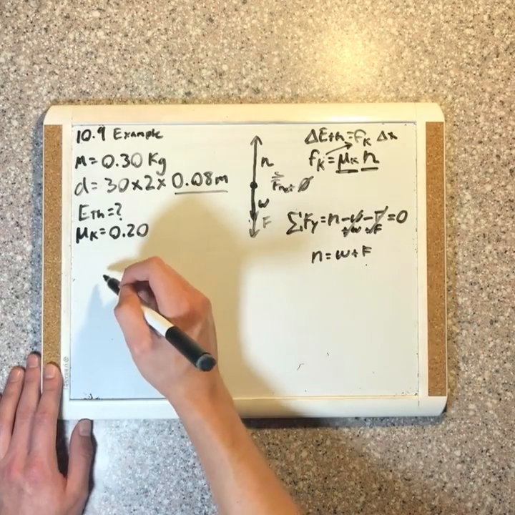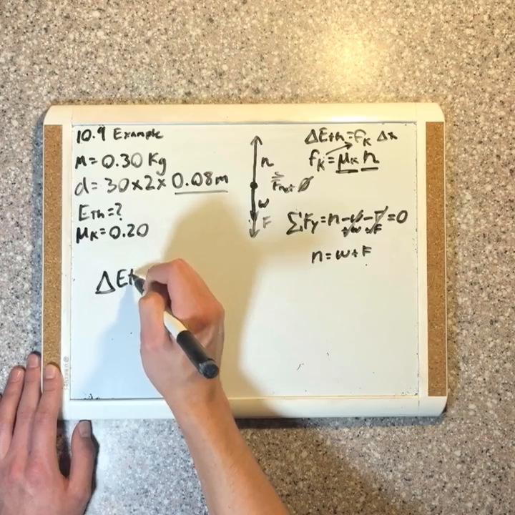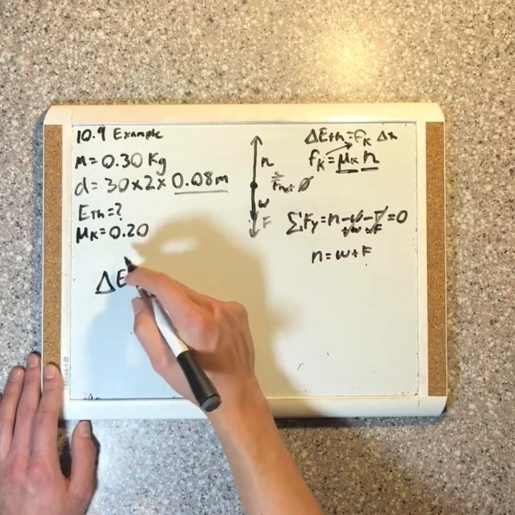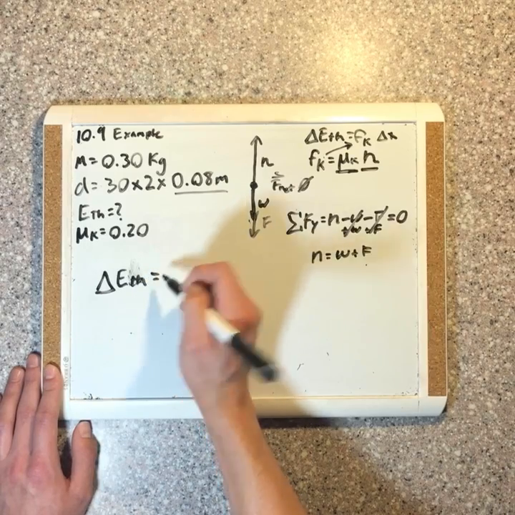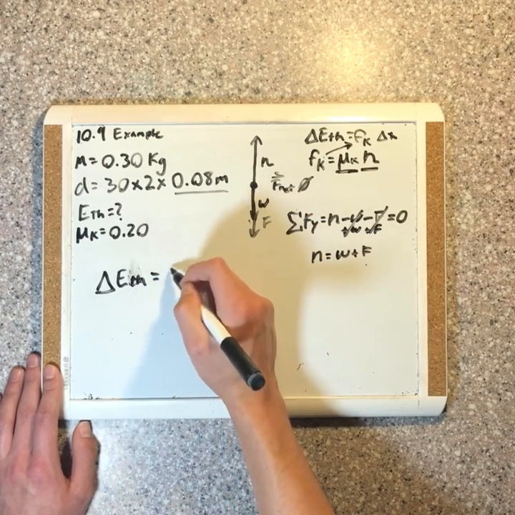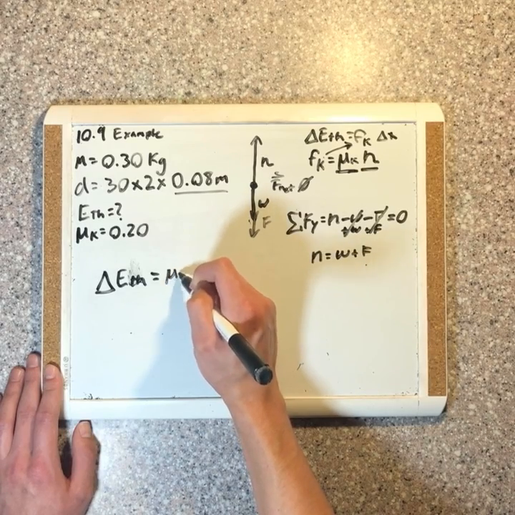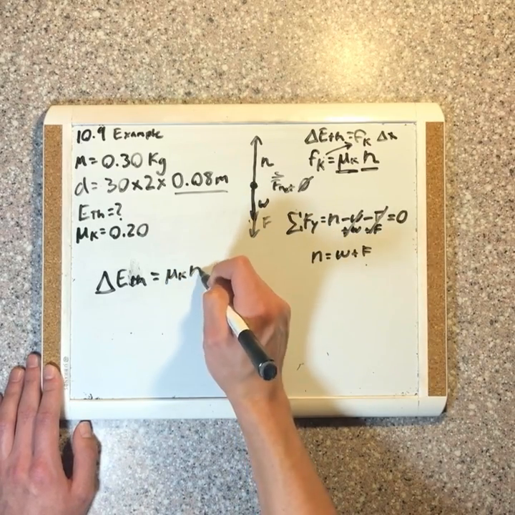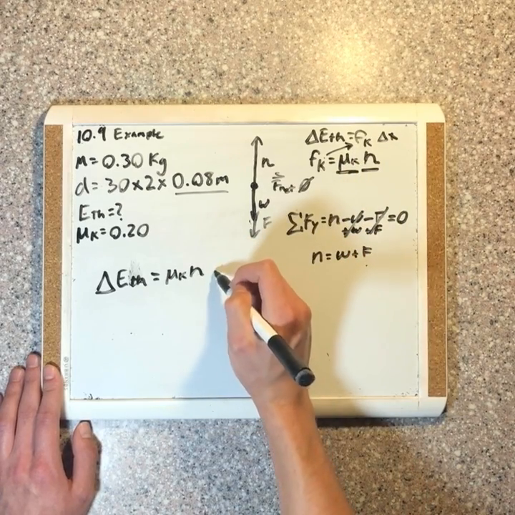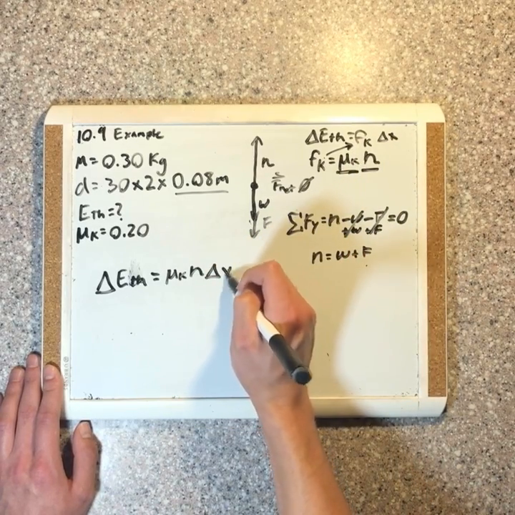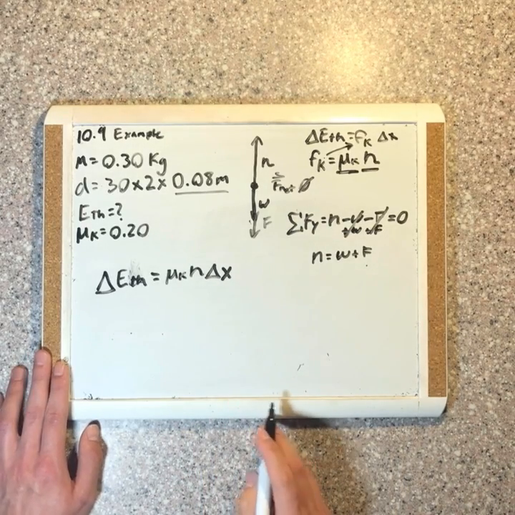If we do that, delta E_th is equal to mu sub k times the normal force, because we're subbing this in, times the change in distance, or change in x.